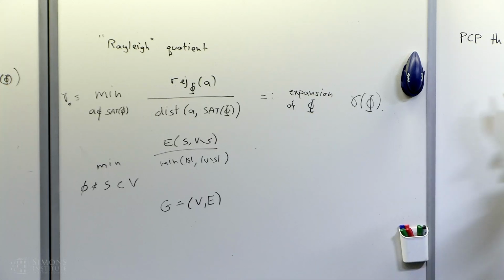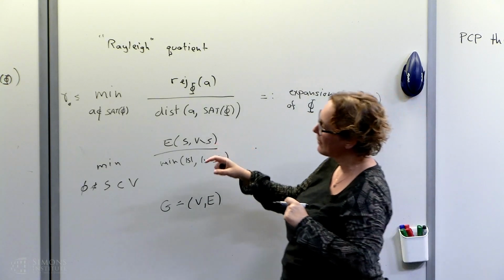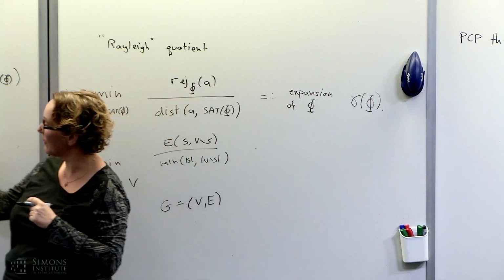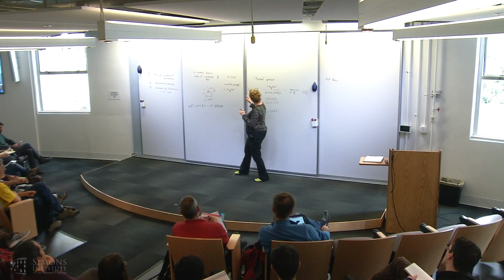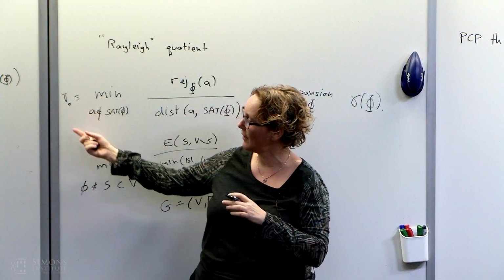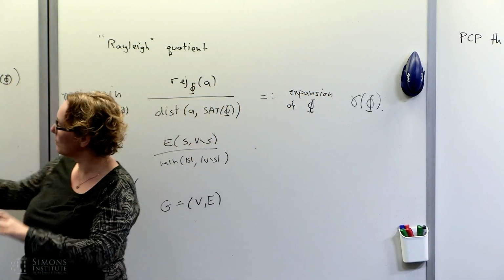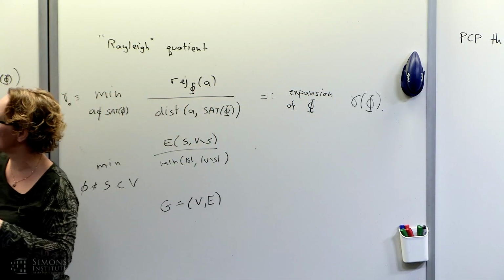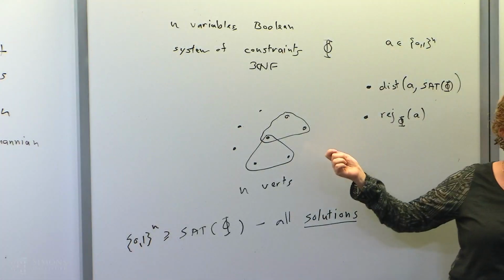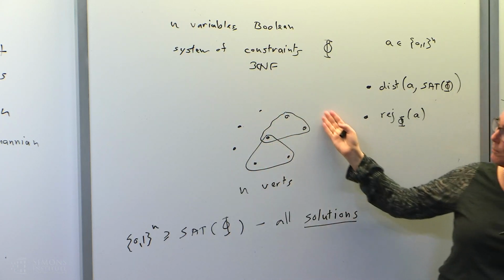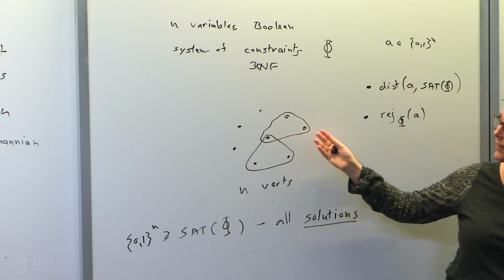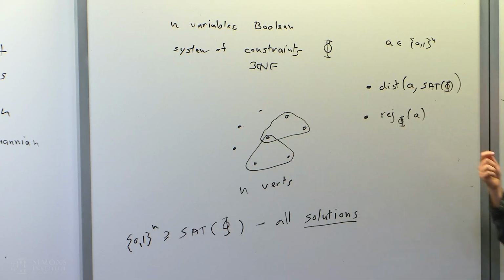Before I finish this thought, I want to go back here and say, as I started to say before, if I have a system of constraints that is already an expanding system of constraints in the sense that there is this lower bound, then I have a very good probabilistic way to check if an assignment is satisfying. I just select a random constraint, and I'm guaranteed that if the assignment was good, I will always accept. And if the assignment was far from a satisfying assignment, I will reject with probability proportional to the distance. So this is what you want in a PCP.